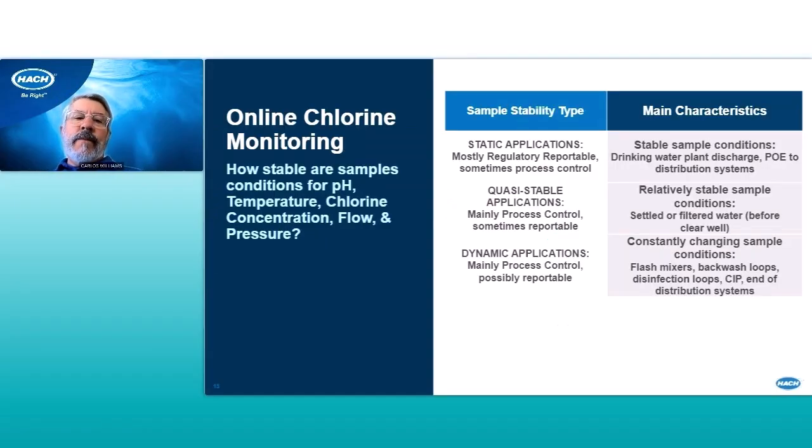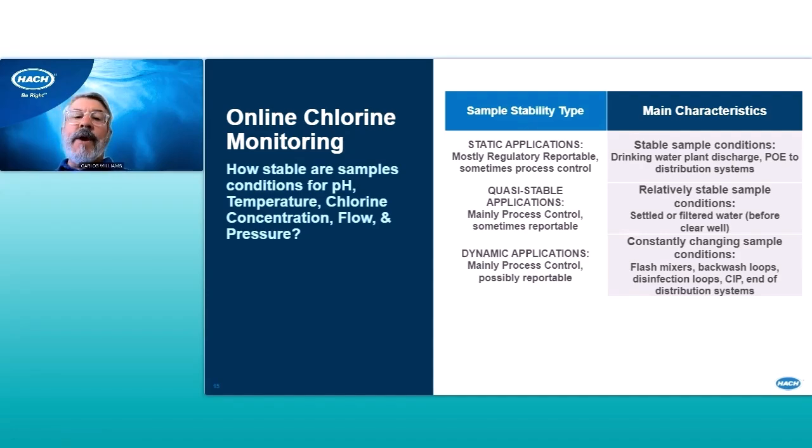So with samples, we need to have a stable sample if we want to use amperometric sensors. Stable sample conditions, static applications are best for the amperometric sensor. So regulatory and reportable, sometimes with process control you can have static applications. Some are less static, some are really dynamic.